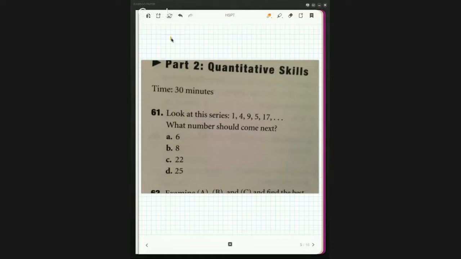Let's write this down and see which of those patterns we can utilize. Well, let's look at it one way: we have plus 3, plus 5, minus 4, plus 12. Well, that's kind of messed up. So let's look at it a different way.